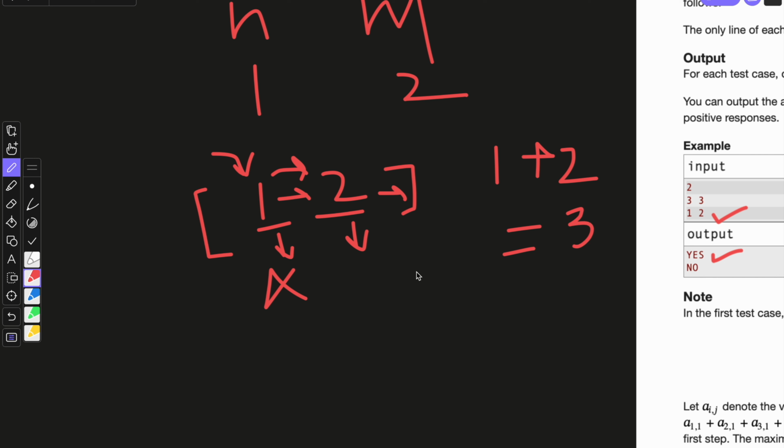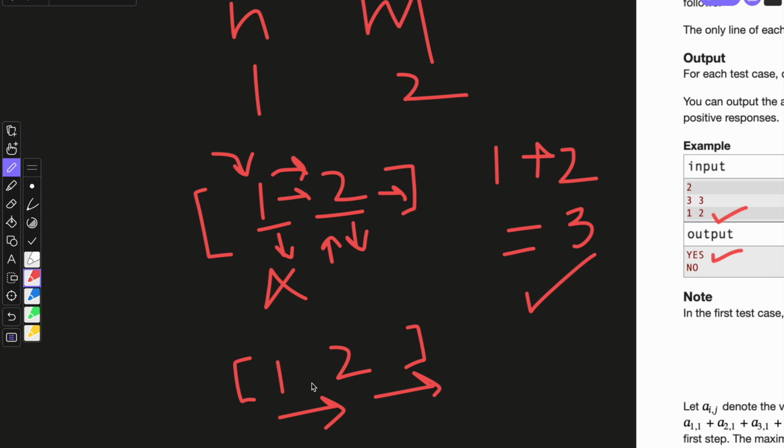This is the greedy sum, and the optimal sum would also be 3 in this case. So we cannot get any other possible numbers here. We cannot write any possible numbers that would differ from the greedy path, because there is only one path that we can follow, and that's this here and here.